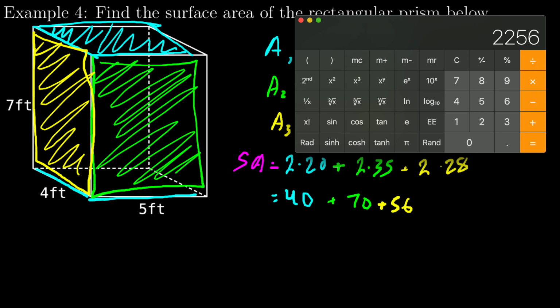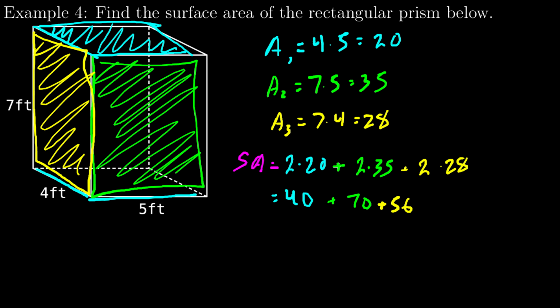And now I'll just jump to the calculator. 40 plus 70 plus 56 is 166. And again, the units on that, it is an area, so I have square feet.